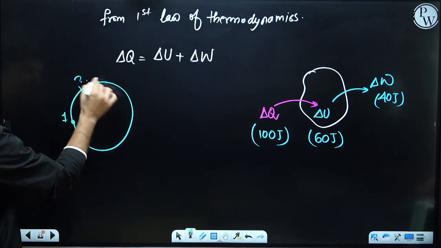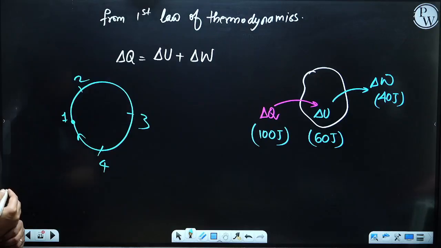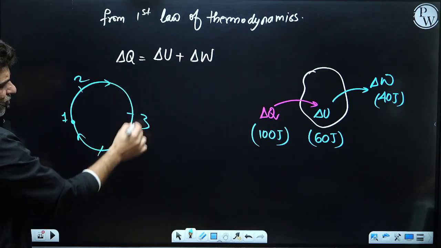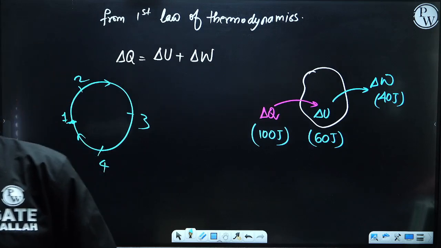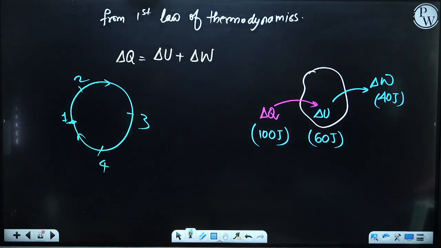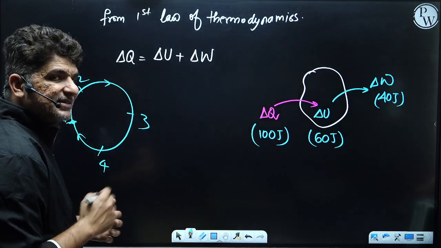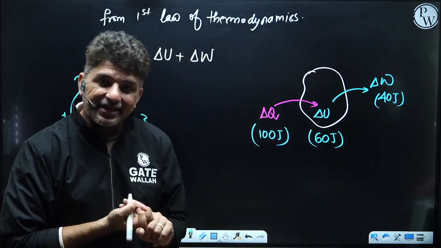So 1, 2, 3, 4, and again back to 1. So if your system has moved from location 1 and has come back to location 1, can you say that all the properties of the system at location 1 will be the same before starting the cycle and after completing the cycle?